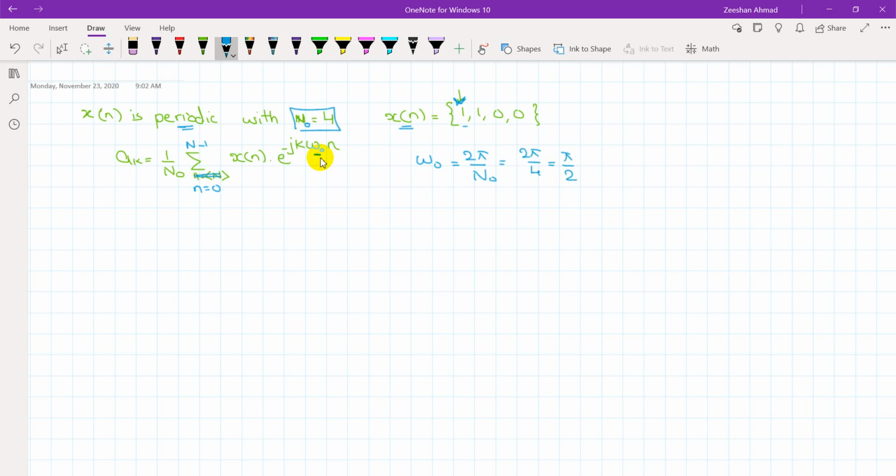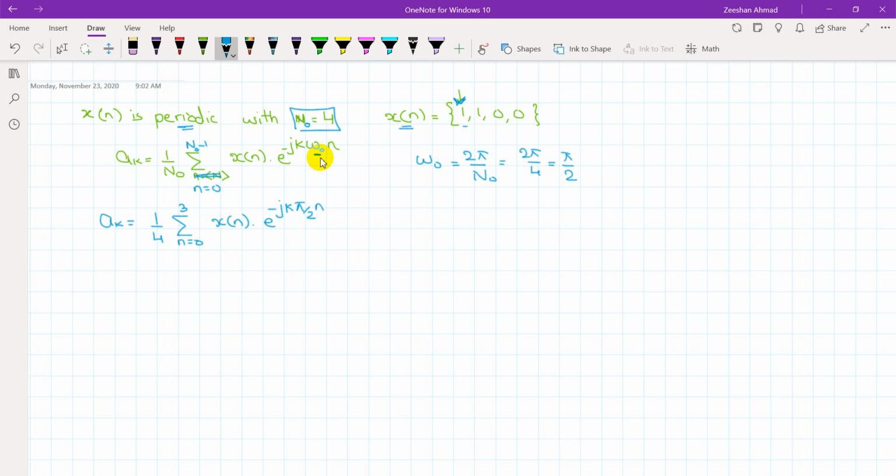Second, let us find a of k. a of k will be equal to 1 divided by 4 (N naught) times the summation with n from 0 to 3 of x of n into e power minus j k omega naught n, where k takes integer values and omega naught is pi by 2, so let me write pi by 2 n.